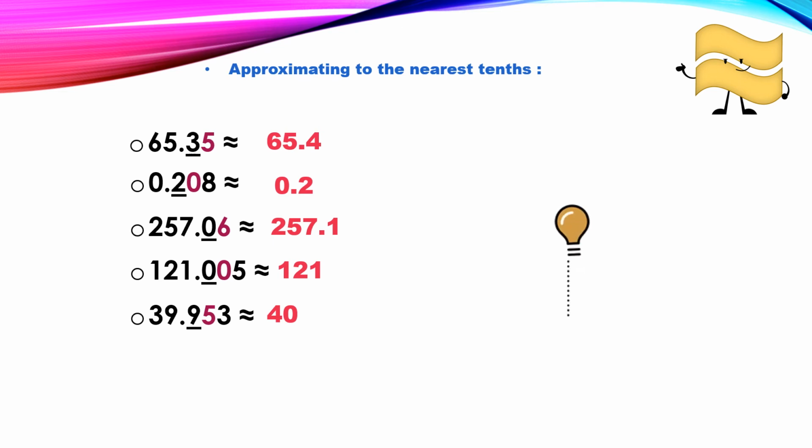Again. When we have a decimal point and we approximate to the nearest tenth, and we have 9 in the tenth place and the digit before it is rich, add 1 to the digit before it. This one will move to 39 directly. 39 will be 40.